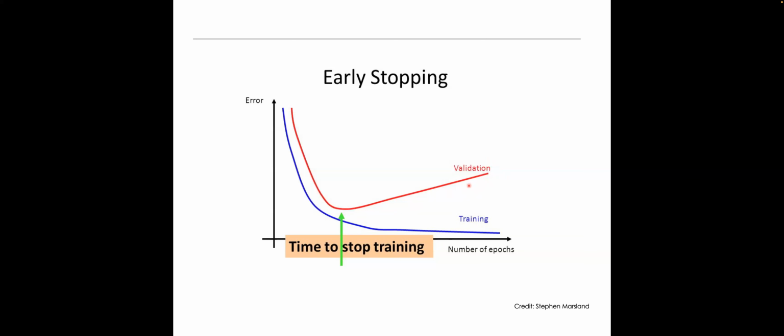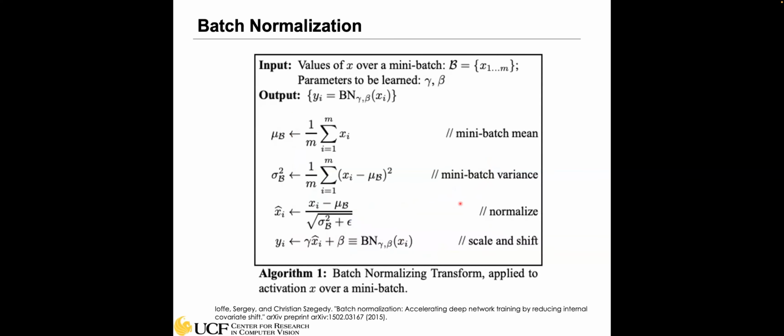Once we identify the best parameters, we take them to retrain the model on the 100% training data to get the final model. That's typically the process when you train your model. So that's early stopping, where you use a validation set to monitor your training loss.